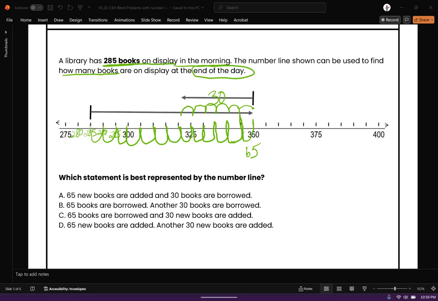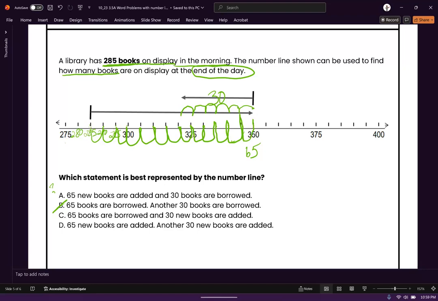Does this show 65 new books added and 30 books borrowed? Maybe. B, 65 books are borrowed? No, because if they were borrowed, the arrow would be going the other way, taking away from the total. So B is out. C, 65 books are borrowed.